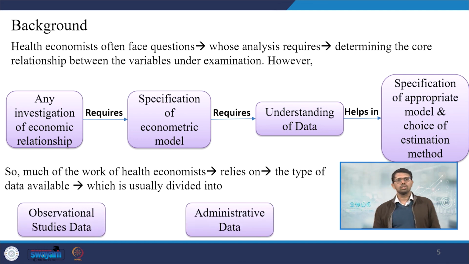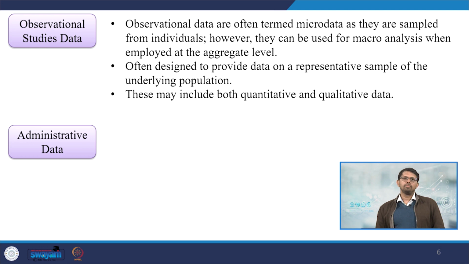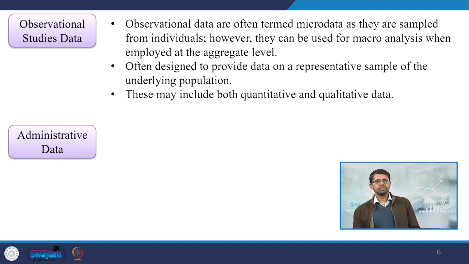So, much of the work of health economists relies on the type of data available, which is usually divided into observational study data and administrative data. In this lecture we will be emphasizing observational studies data. These largely explain the micro foundations, or the micro information, in very disaggregated settings from the perspective of individuals.